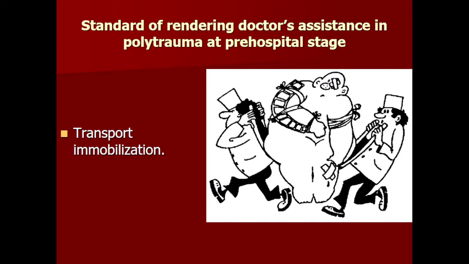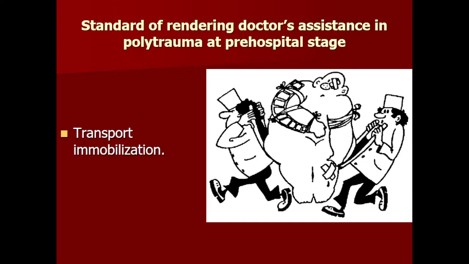If you don't know whether there is a fracture or not, you must make transport immobilization. After the patient is admitted to hospital, you may make X-ray control and remove the immobilization or make treatment immobilization. But transport immobilization is obligatory.